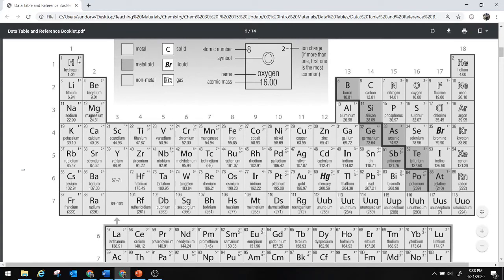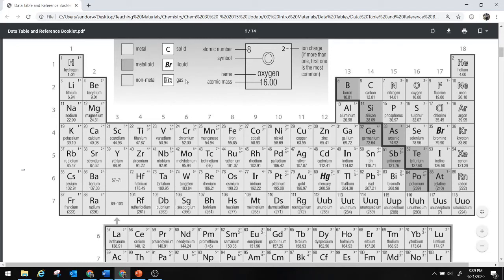You notice that it goes +1, then +2 in the next column, +3, +4, and it continues, and it's kind of weird in the middle, but if you look in the 13th column, +3, 14th column, +4, 15th goes -3, 16, -2, 17, -1, and 18, no charge.